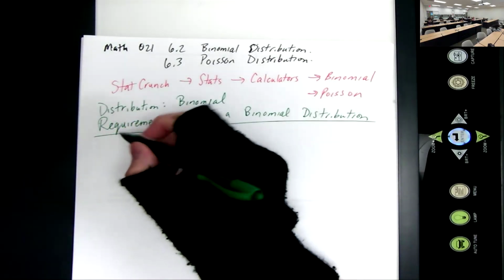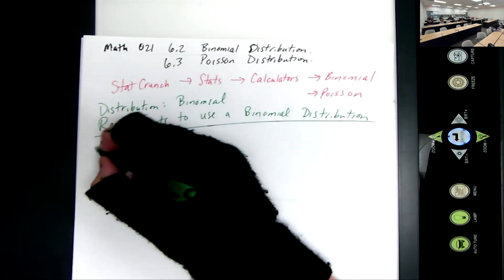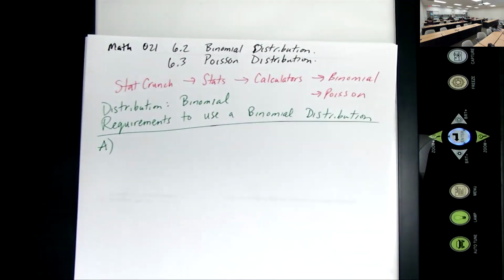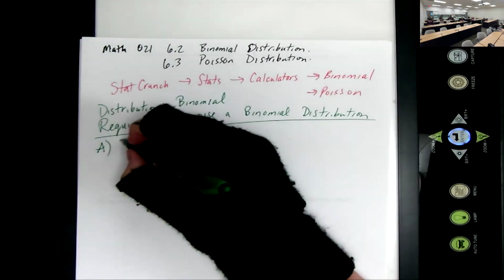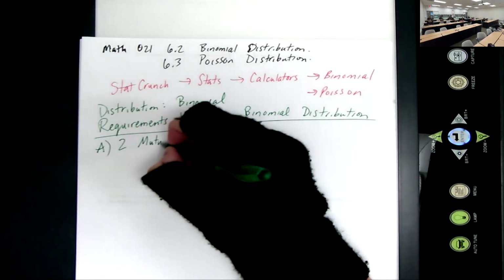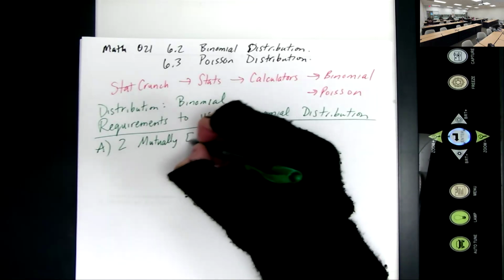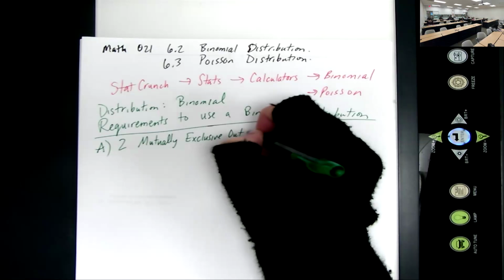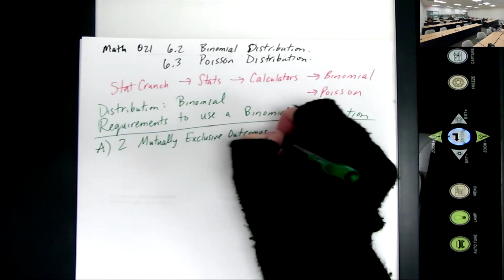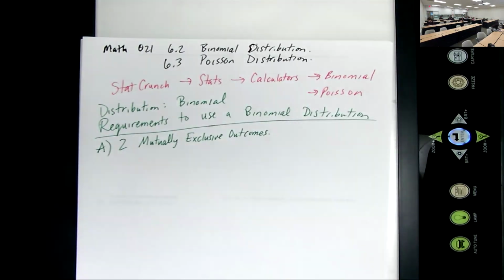What does that mean on a bicycle? Two, two tires on a bicycle. Binomial here means two mutually exclusive outcomes. Only two.